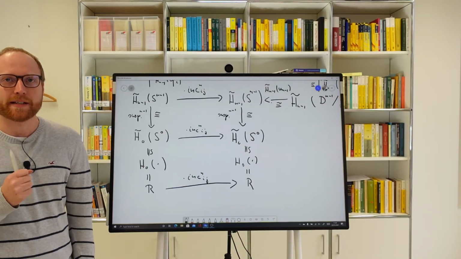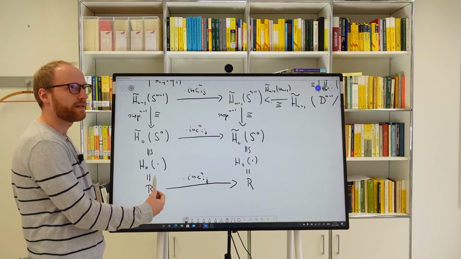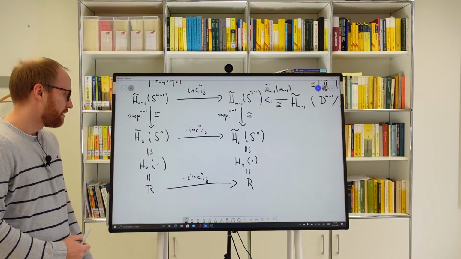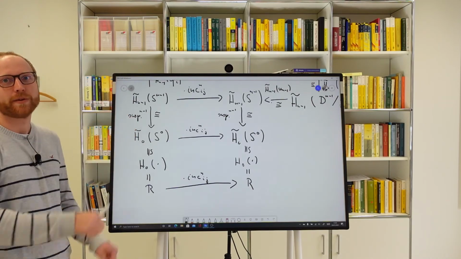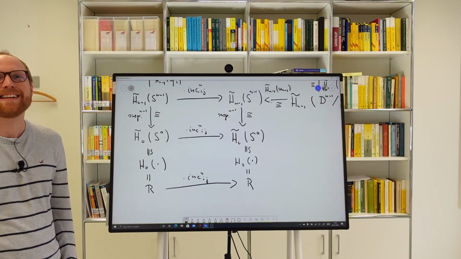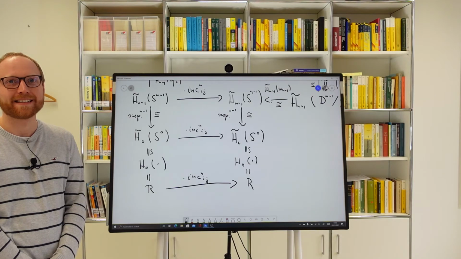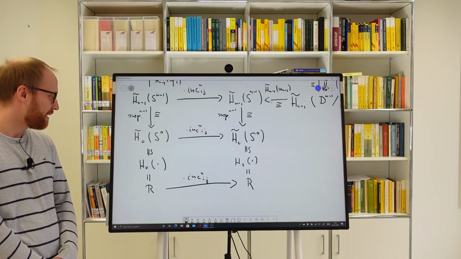Mm-hmm. And then I excise, and excision is an inclusion in this direction, right? Yeah. It's the inclusion of (point, empty set) to (point, point). Probably the same as saying that you include this point to the point 1? Maybe. Maybe.